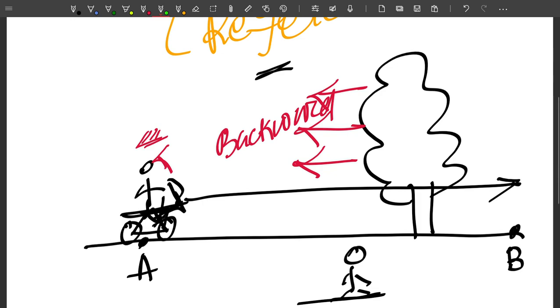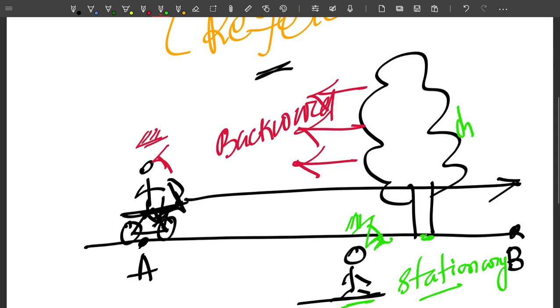But for your friend who is standing right here, the tree is stationary; it is at one place. So you could conclude, because science is all about bringing out conclusions, that for you the tree is in motion, but for your friend, the tree is at rest.